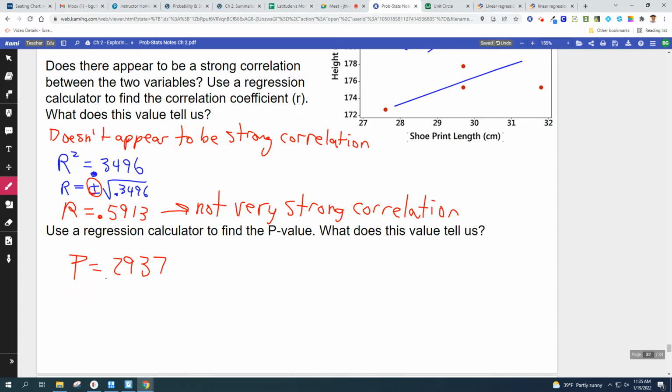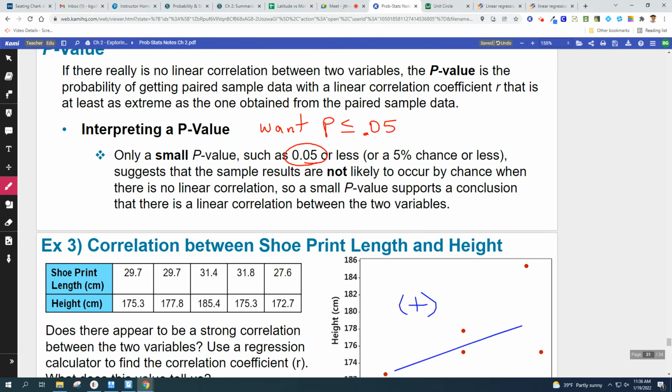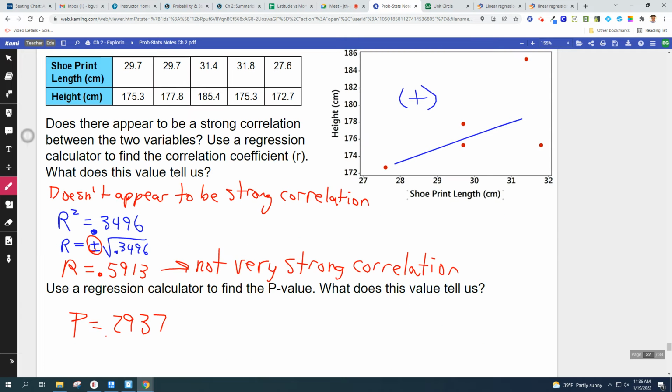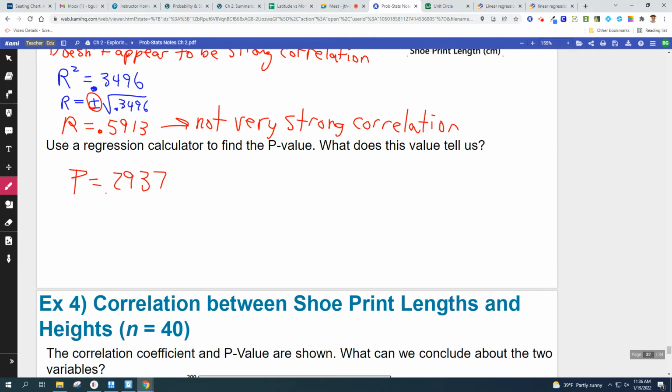What does this value tell us? You got to go back to when I talked about p-value. Remember how we wanted it less than 5%? If it was less than 5%, then that supports a conclusion that there's a linear correlation between the two variables. So this is not a very good result. It's not what we want.